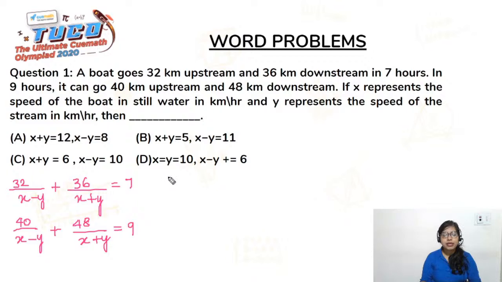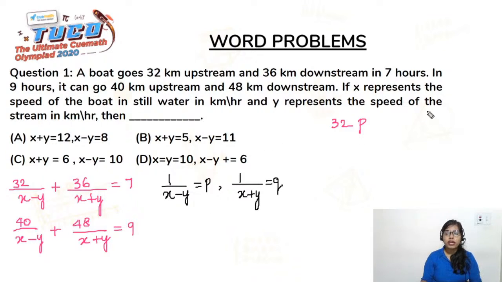So we are going to make some assumptions, that is 1 over x minus y could be taken as p and 1 over x plus y is going to be taken as q. Now based on this, I am going to rewrite my equations here. So 32 times 1 over x minus y could be replaced by p and 1 over x plus y could be replaced as q. So 32p plus 36q is equal to 7. Okay. And then we have 40p plus 48q, which is going to give us a 9.